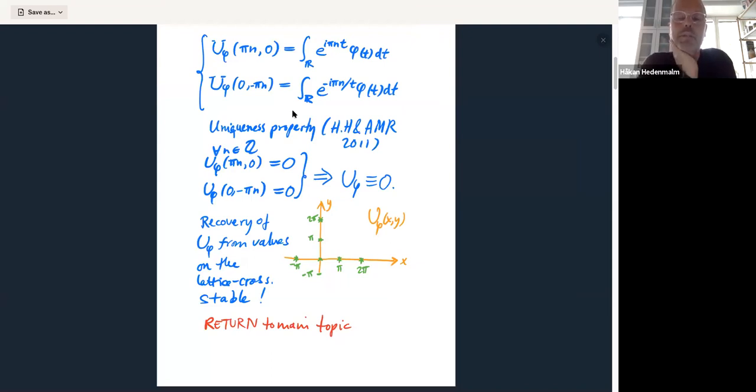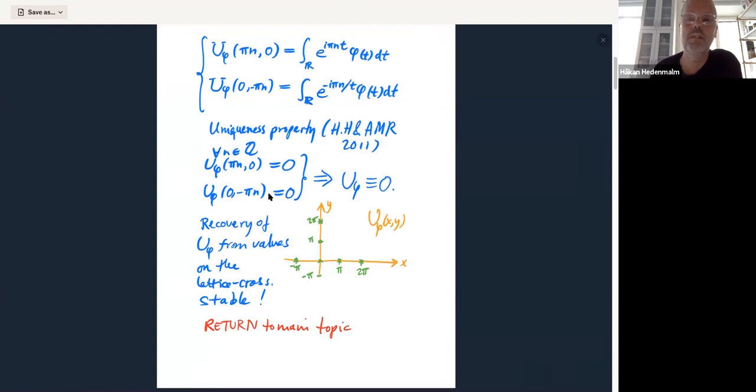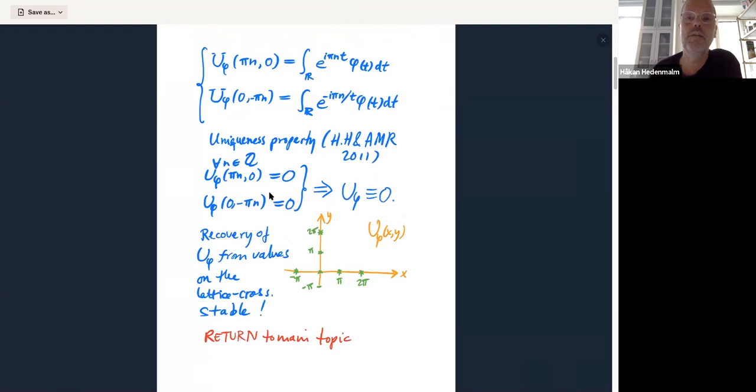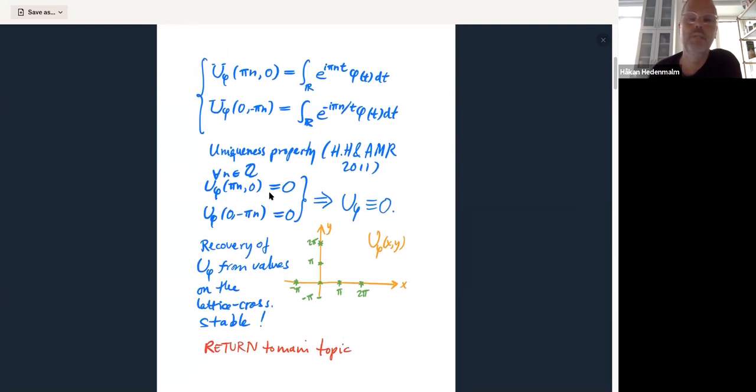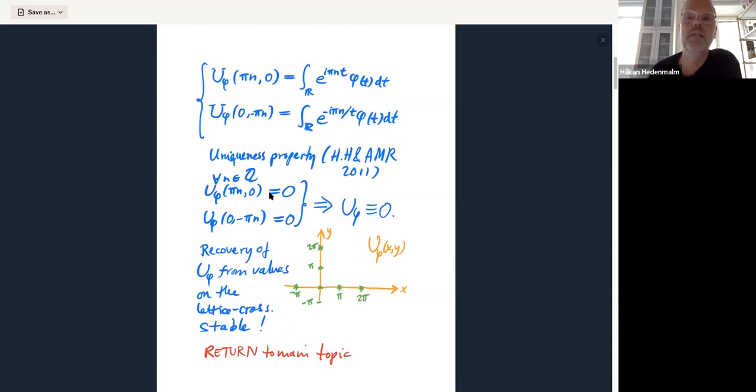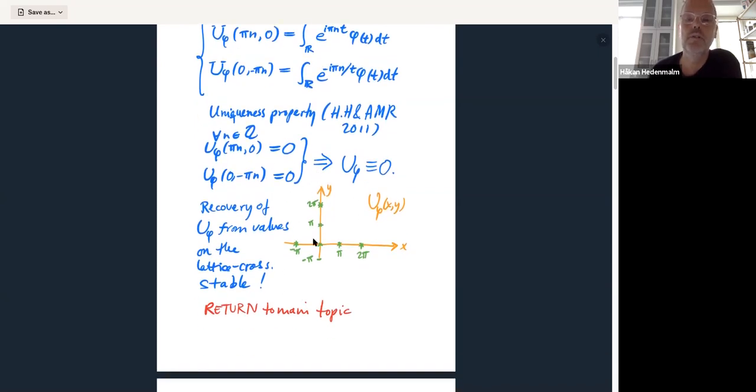So in principle, it's possible to recover the potential u sub phi from the values on this lattice cross. And that is what this theory somehow allows us to do. We're able to recover the values of this potential at integer points along the two axes.